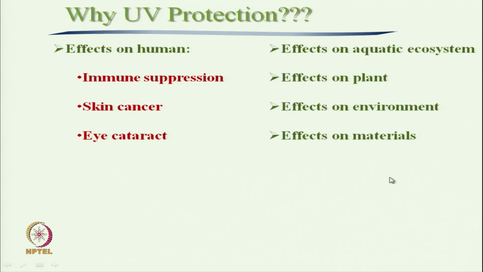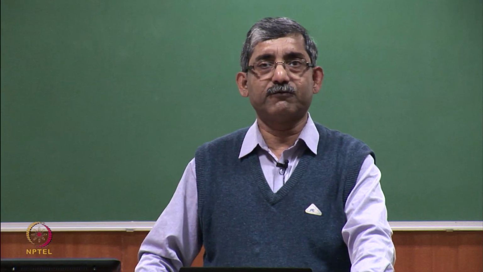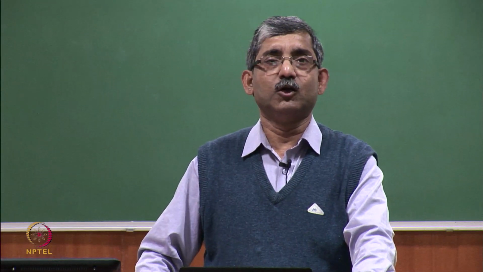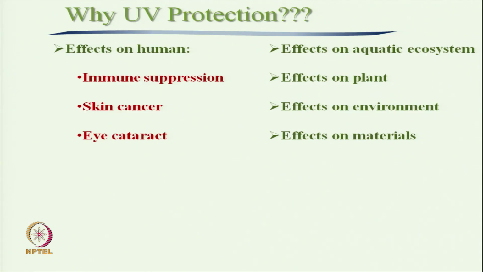So, why do we need UV protection? It basically affects the human and aquatic ecosystem, even plants. On humans, the effects are skin cancer, eye cataract, immune suppression.